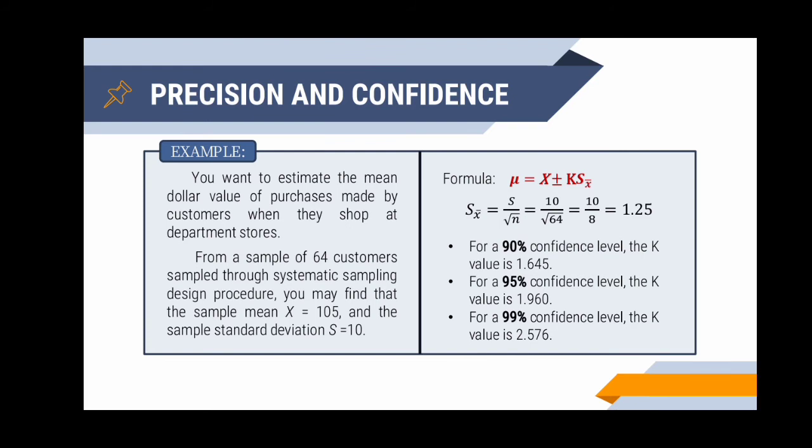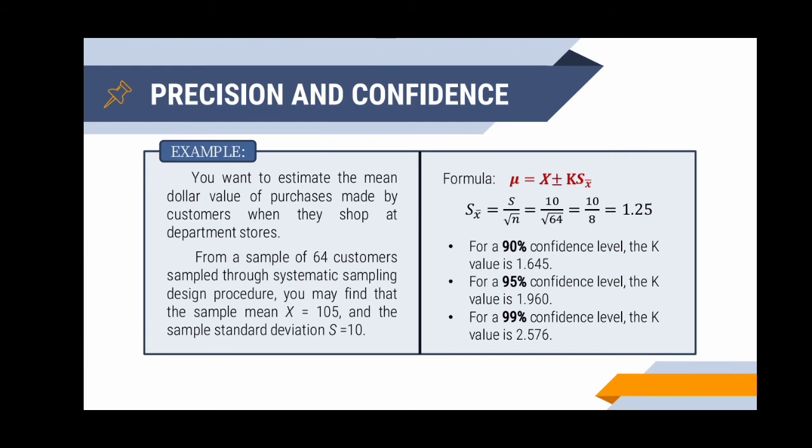In short, the U-like sign dyan, yun yung population mean, is equal to X plus or minus K, yung statistics natin, multiplied to S subscript X mean. And we already know how to solve for standard error as mentioned in the early discussion. Divide lang natin yung standard deviation sa square root ng sample size.